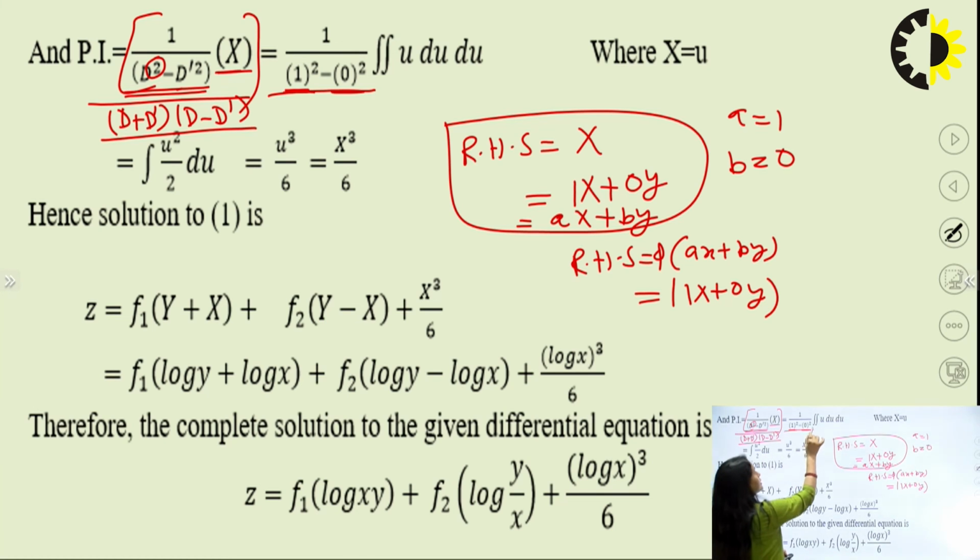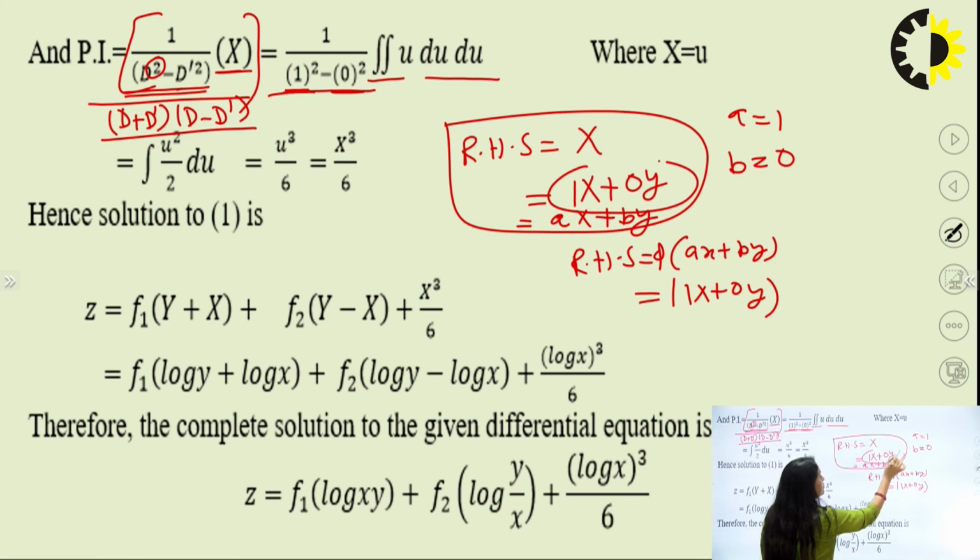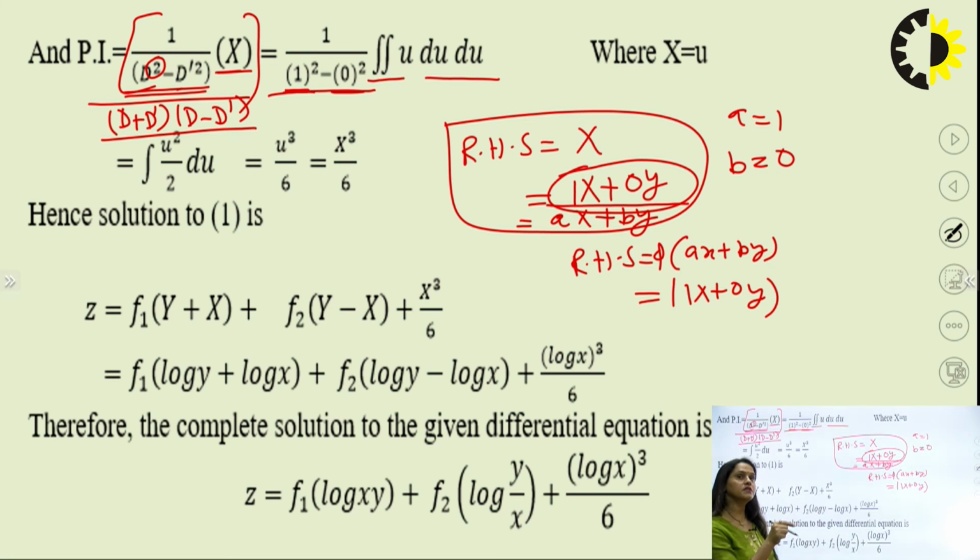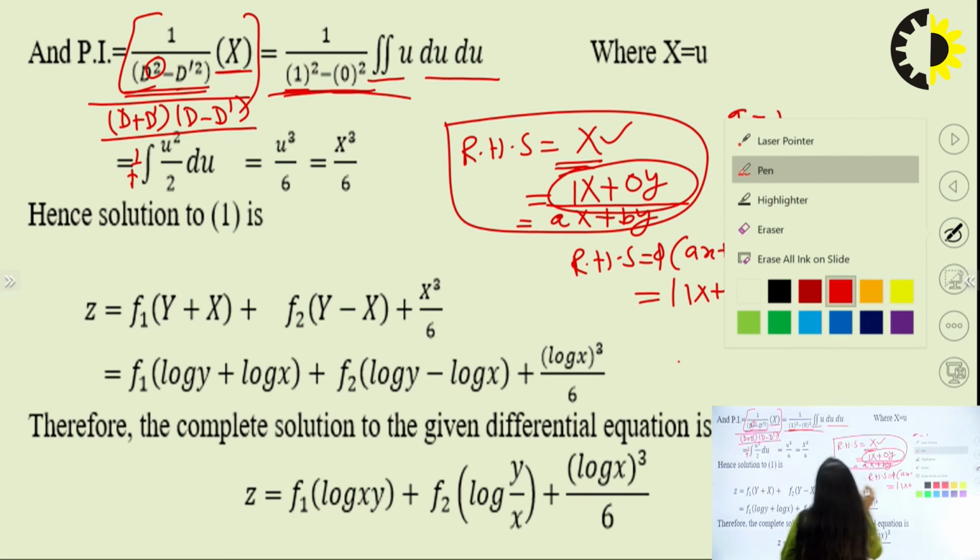So we will integrate it 2 times with respect to u. What is u here? u is the variable aX plus bY. In this question aX plus bY is 1X plus 0Y, which is nothing but X. So u is equal to nothing but capital X. On solving this, we will get 1 upon 1 and integral of u square upon 2.